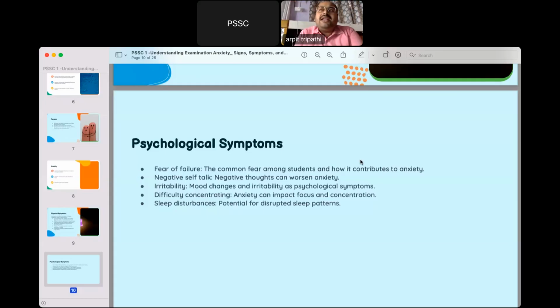Irritability. Now in India, irritability is something which is generally dealt with by pressure, fear, or a kind of slap or abusive words by parents or teachers. I will always tell one very simple thing: any child who is showing mood changes, or who is easily becoming irritable with the smallest things, may be giving very clear psychological symptoms of examination anxiety.